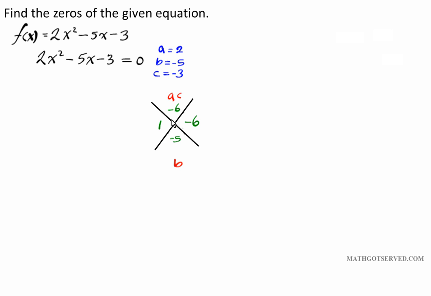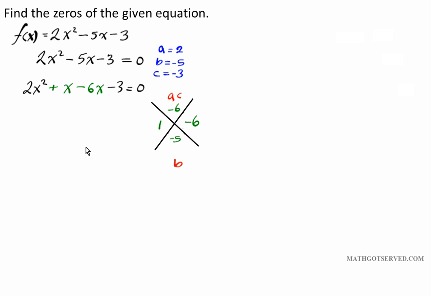If you test it, 1 minus 6 is -5, and 1 times -6 is -6. Now, these two numbers that we came up with, 1 and -6, we're going to replace the middle term, -5x, with those two numbers. So this now becomes 2x squared plus x minus 6x minus 3 equals 0.